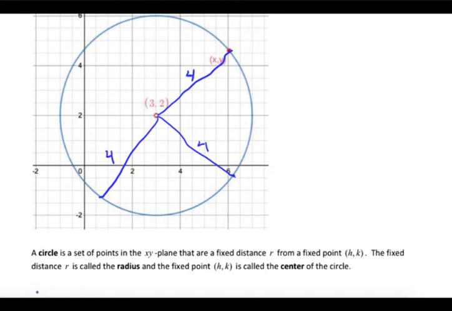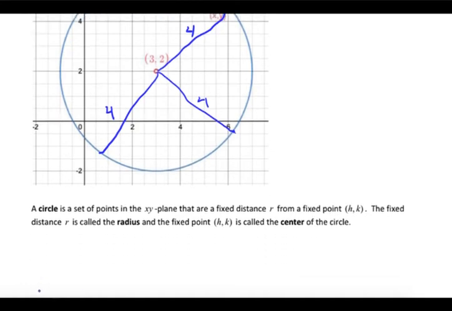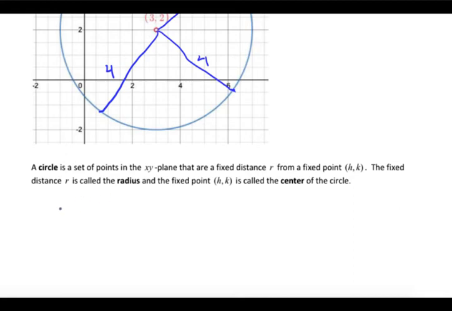And now recall the distance formula. We can say that r, being the distance, is equal to the square root of, and if we consider any other point on here, x comma y, then that distance from 3, 2 to any point x comma y on that circle can be represented like this.